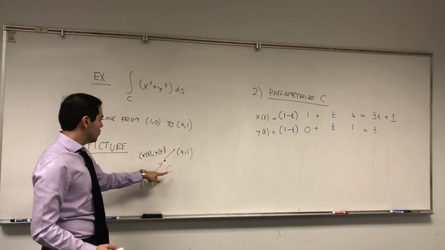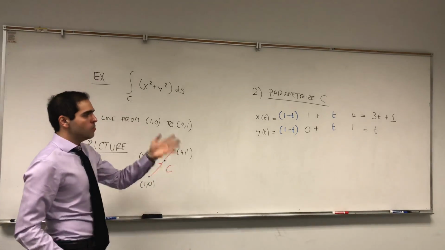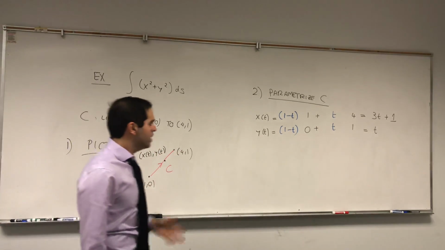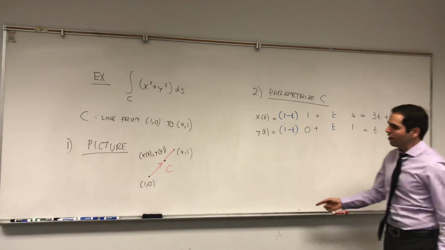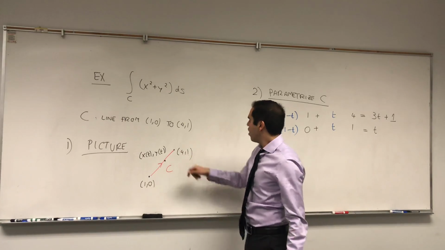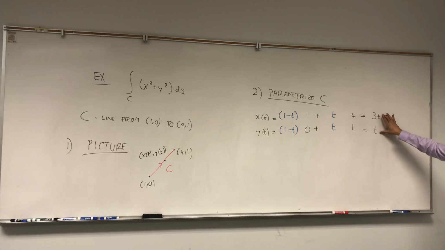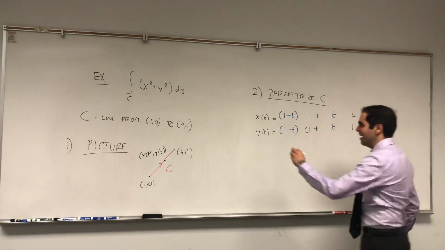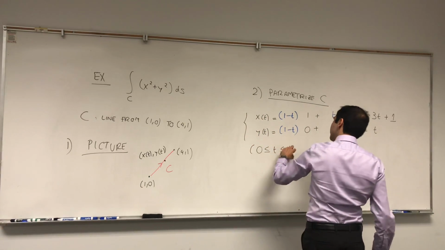But if you start from x, it should go from 1 to 4, with a slope of 3. So that's completely fine. Or in other words, the direction vector of this line is (3, 1). So indeed, this is (3, 1) times t, and you're starting at (1, 0). So we have that. And again, t in this case is between 0 and 1.